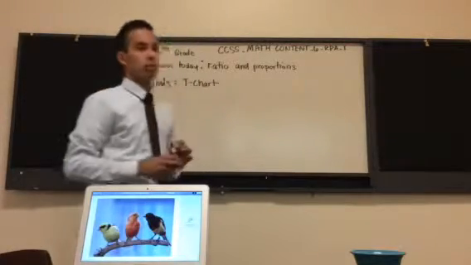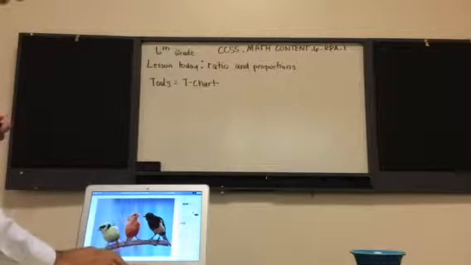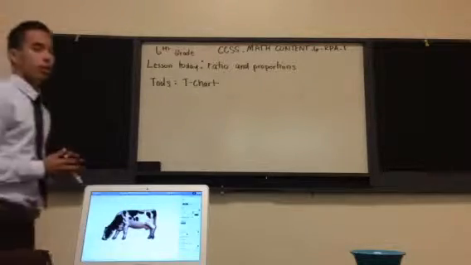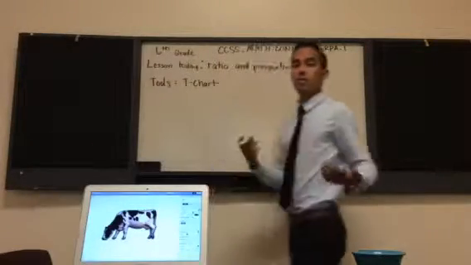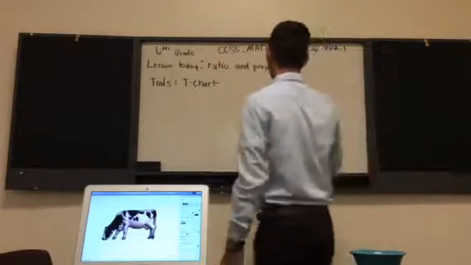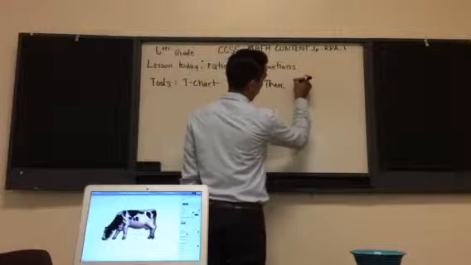In the next picture, we'll scroll on this computer right here and we'll see a cow. Now, a cow has how many feet to a head? So let's write that down. There is 1 cow.